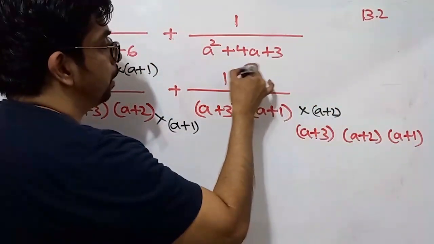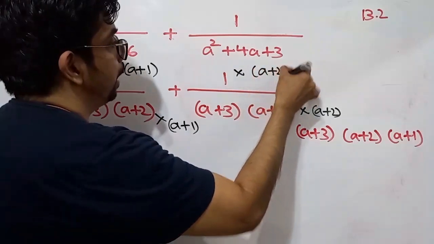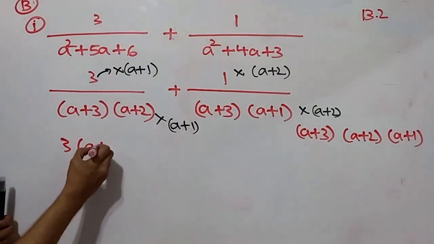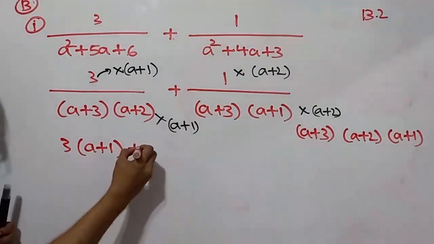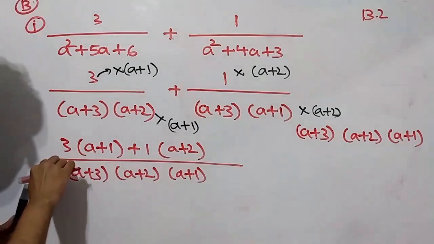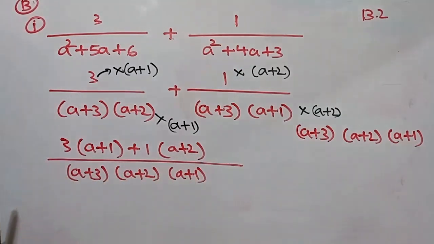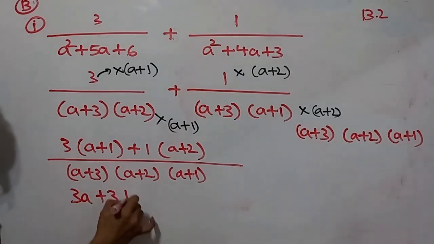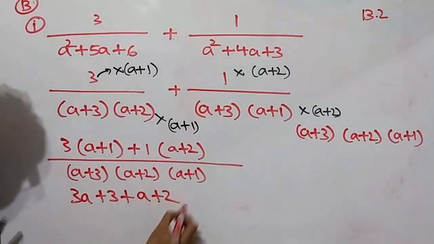That means we need to multiply 1 by a plus 2 as well. So 3 within brackets (a plus 1) plus 1 within brackets (a plus 2). Then the entire expression needs to be divided by the LCM. So now we can do some simplifications here. So 3a plus 3 plus a plus 2.